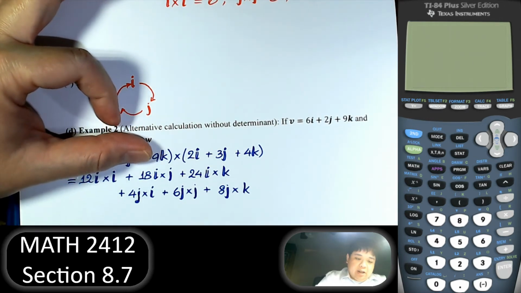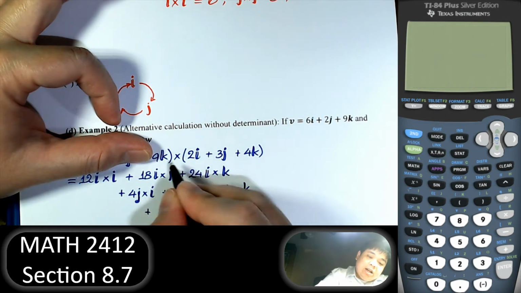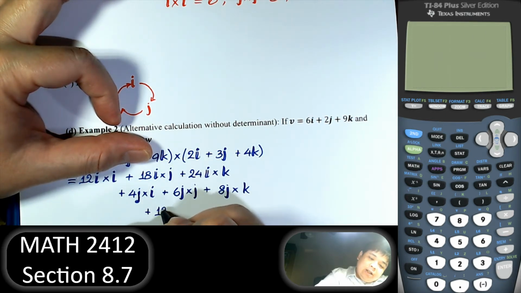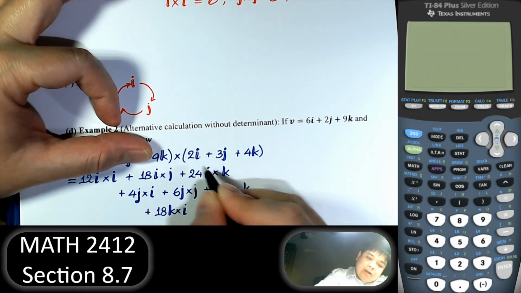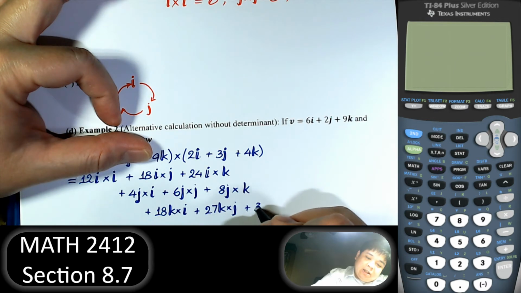And then next we have 9k times 2i, which is 18 k cross i. 27 k cross j, and 36 k cross k.